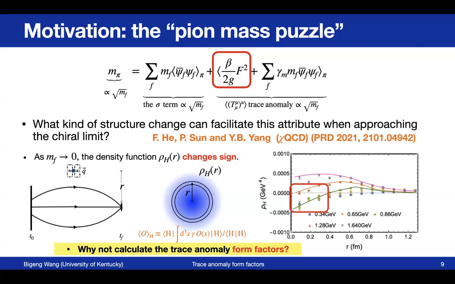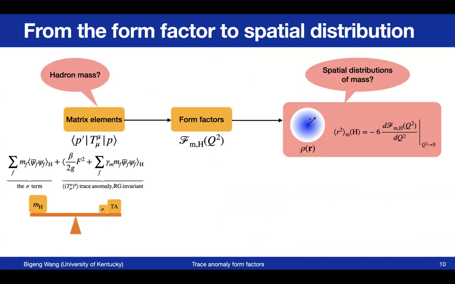But such a definition of density is not that straightforward. So the direct way is, why not calculate the trace anomaly form factors? From matrix elements, form factors to spatial distributions, why do we calculate this? The analogy is the radius and the charge distribution.